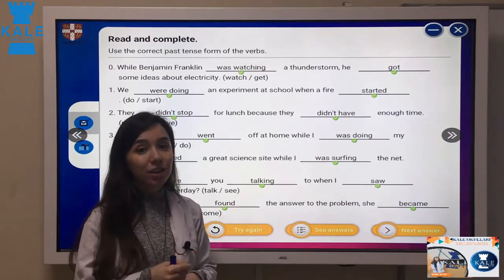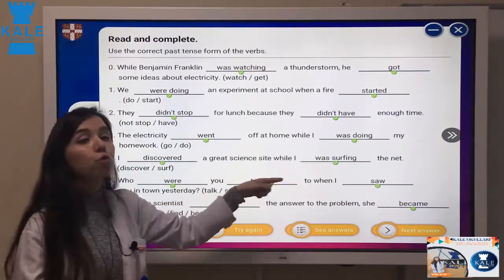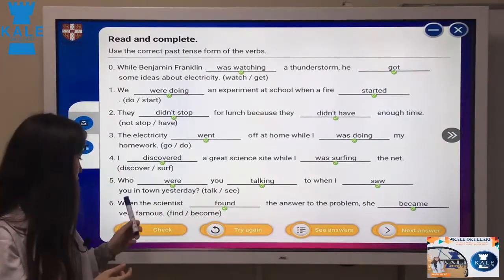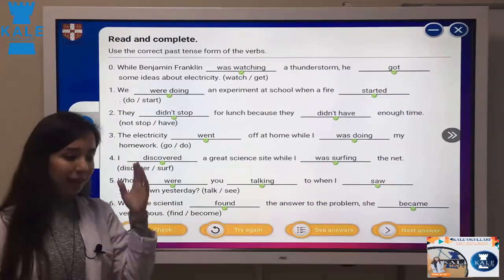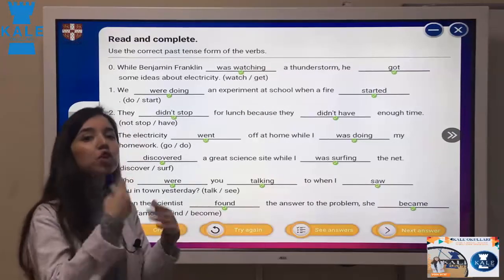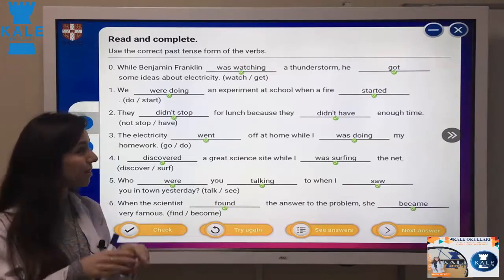But you have to pay attention. If both of them happened at the same time, you have to write past simple for both, not one past simple and one past continuous. So when the scientist found the answer, she became very famous. It means at this time, she found the answer. At the same time, she became very famous, because both actions happened at the same time.